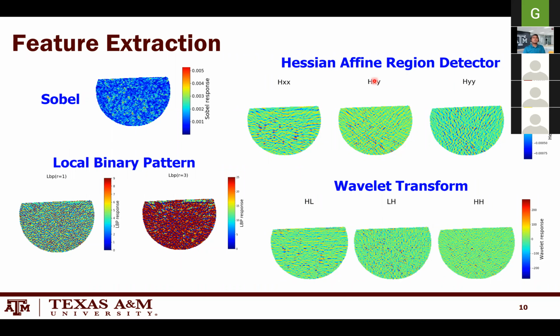So Hessian detects local structures. It locates blobs. It can detect the presence of elliptical or circular structures in the image. So Hessian is an even edge detector. Sobel is an odd edge detector.